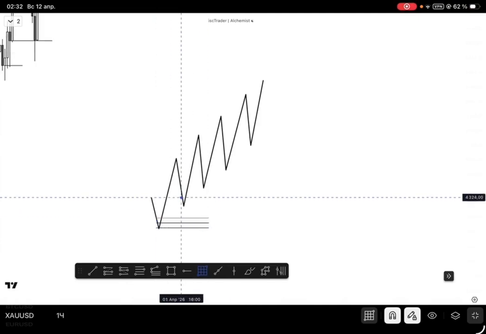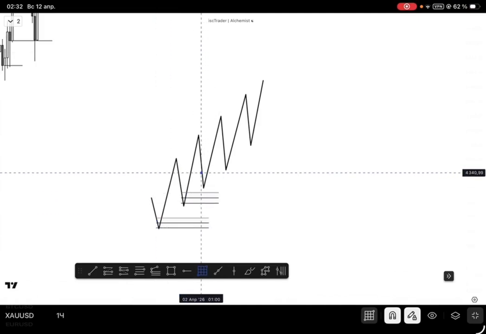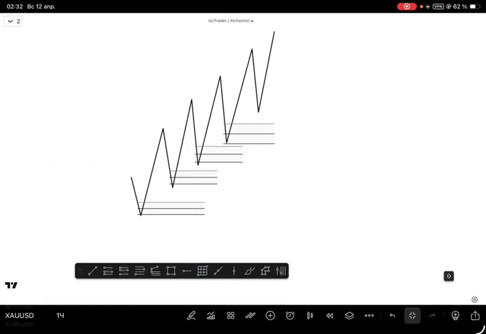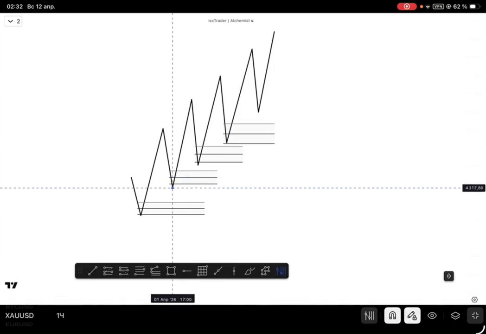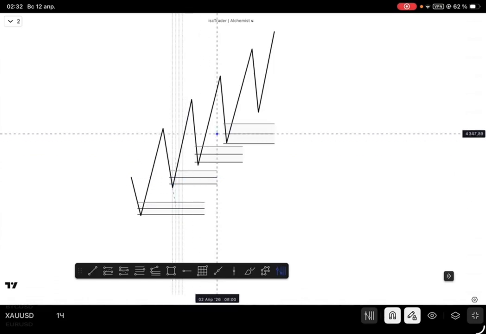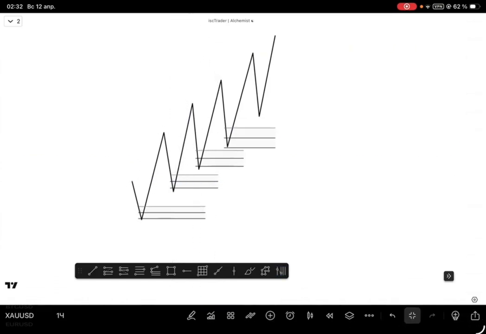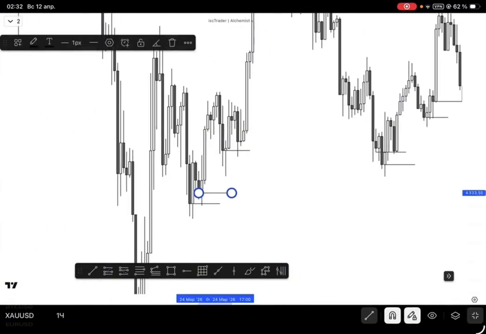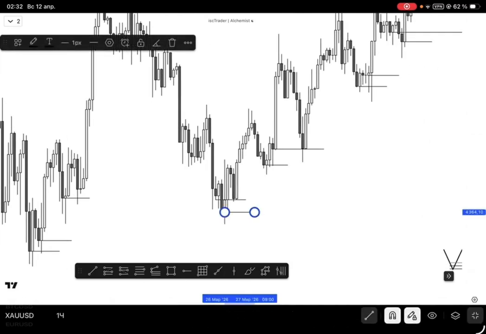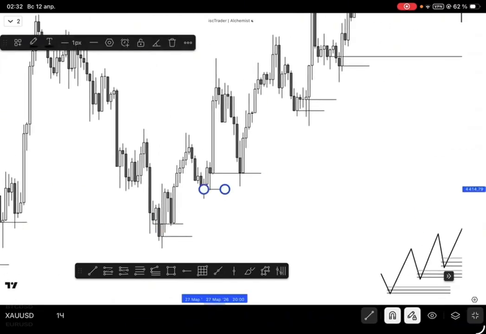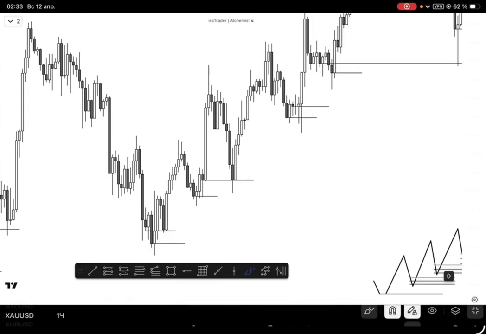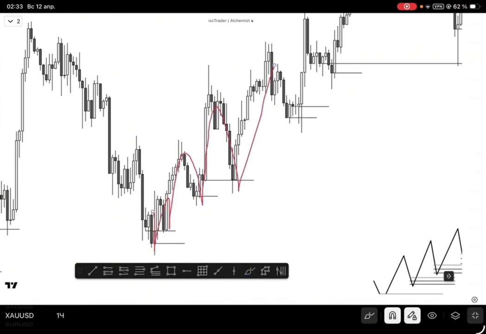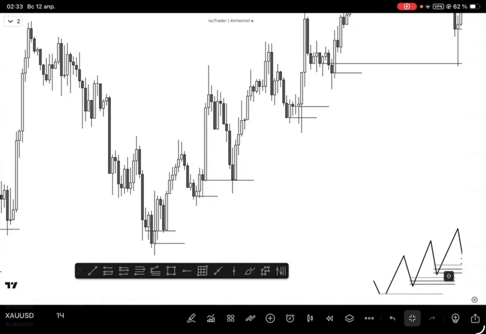Support zone. The market can move like that. It hits the support and goes. It's the same here. Support zone, support zone. Exactly. Okay.